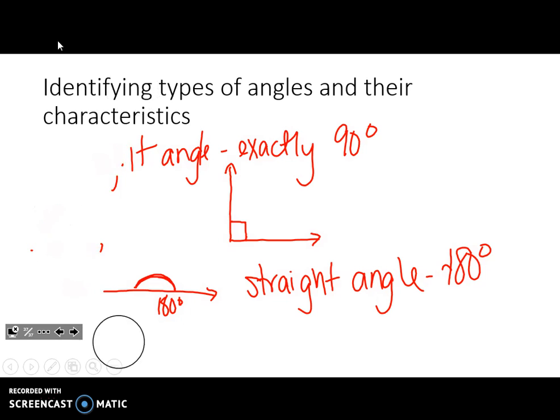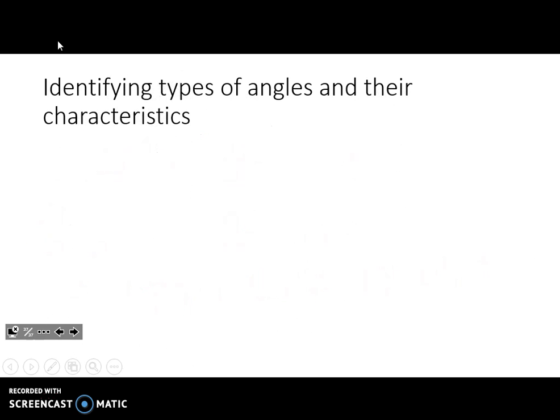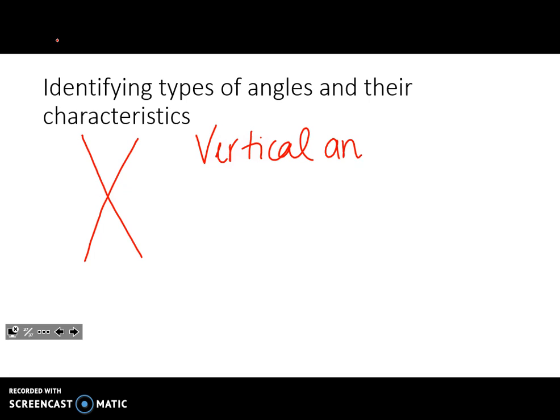All right, we got one more. Remember, you can pause it and go back and rewatch, or pause it so that you can write down all the information. The last one is vertical angles.